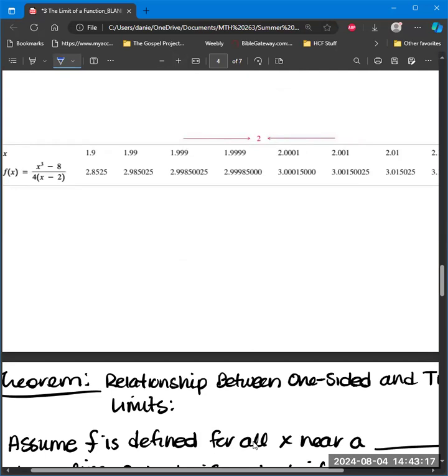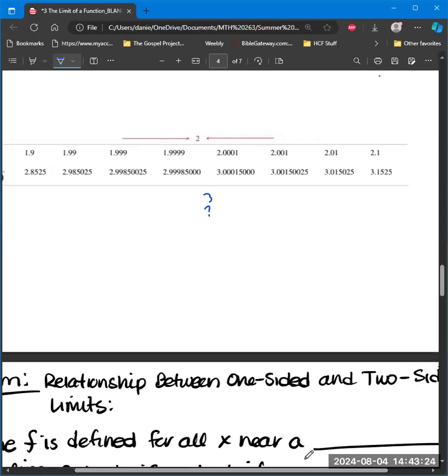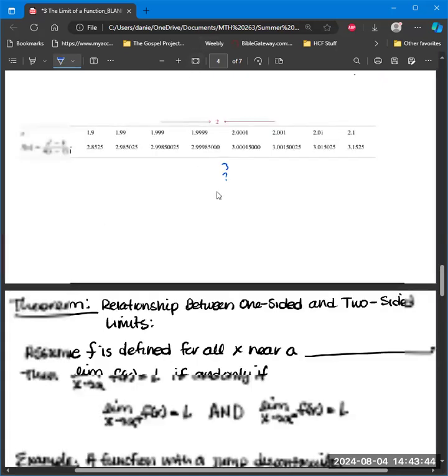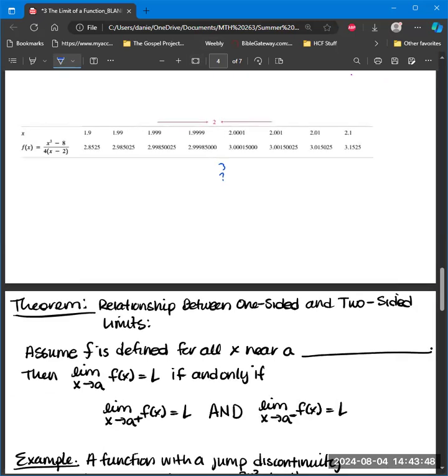We're getting closer and closer to what looks like 3 from the left and also from the right. 3.1525, then 3.015025, then 3.00150025, and 3.0001500. Looks like I'm closing in on 3 there. So let's go ahead and make that conjecture here.